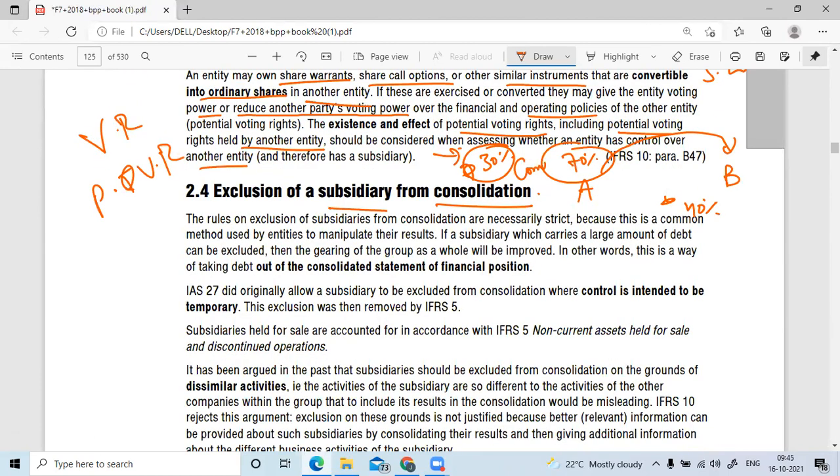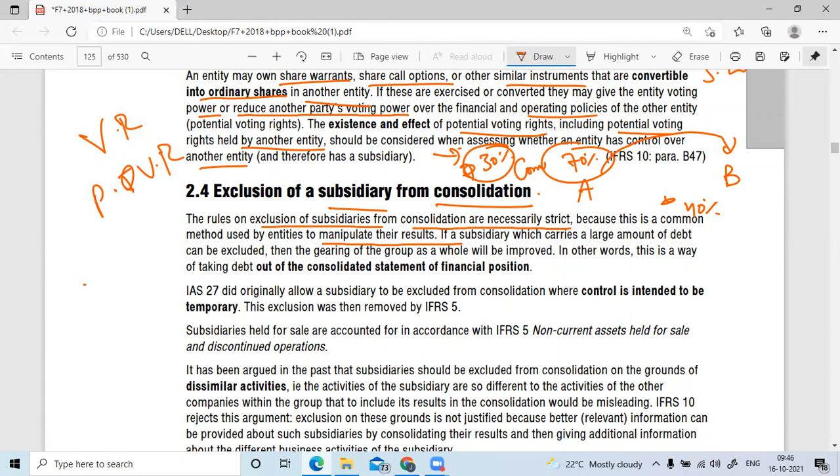The rules on exclusion of subsidiaries from consolidation are necessarily strict because this is a common method used by entities to manipulate their results. If a company is trying to show a subsidiary as an excluded subsidiary, or they don't want to continue business, or they don't want that company to be with them, they cannot immediately sell it without prior intimation.